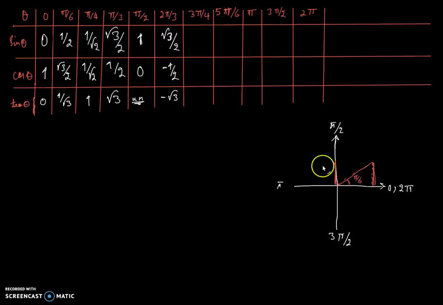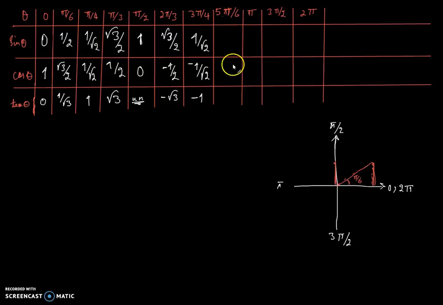The tan value is also negative here. For 3 pi by 4, the sine value is 1 by root 2. The cos value is minus 1 by root 2. And so the tan value is minus 1.